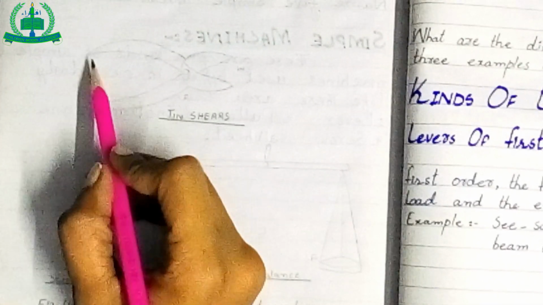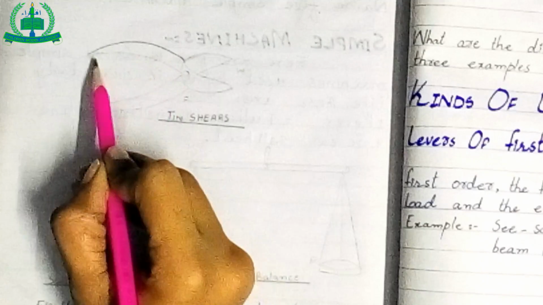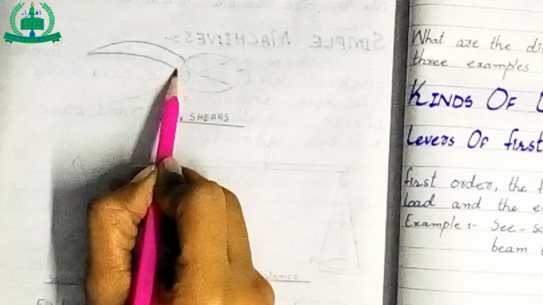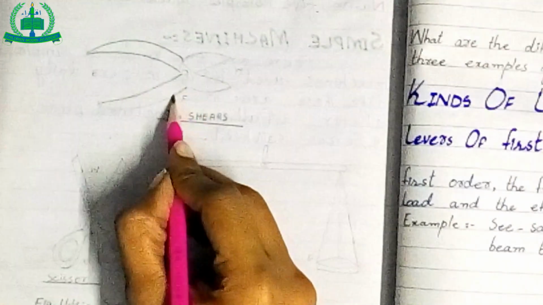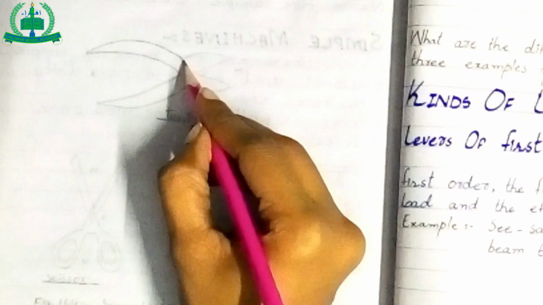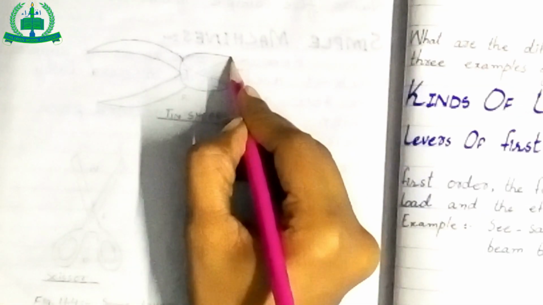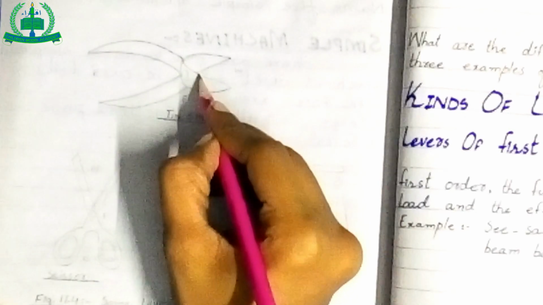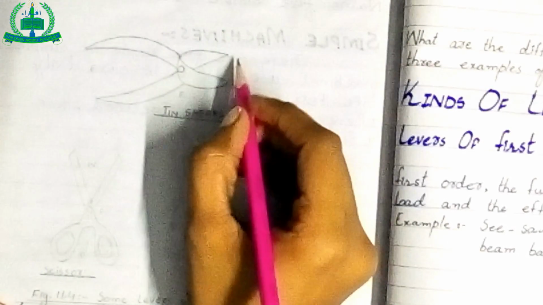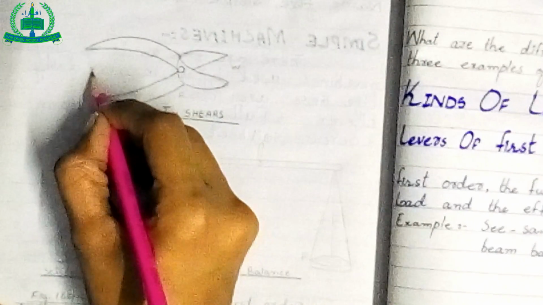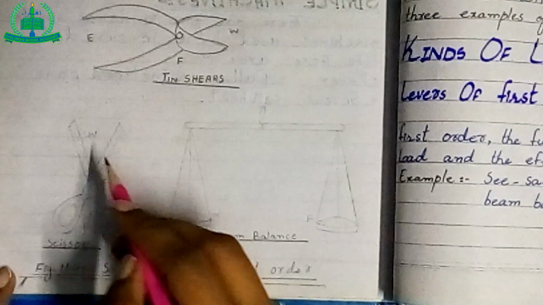First we draw seesaw. Then we draw scissor.